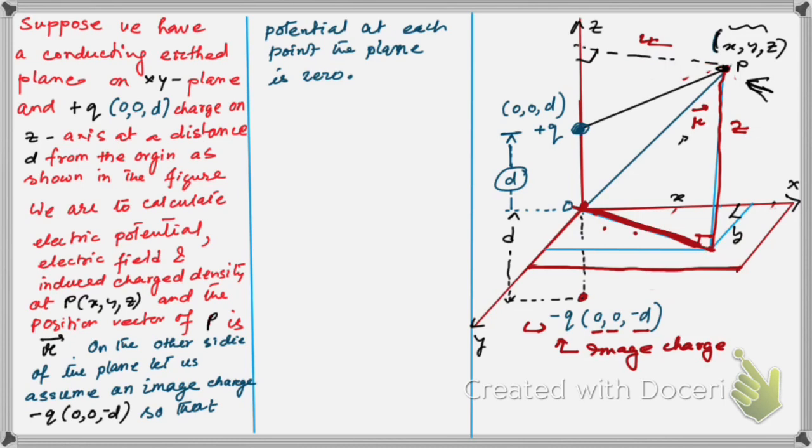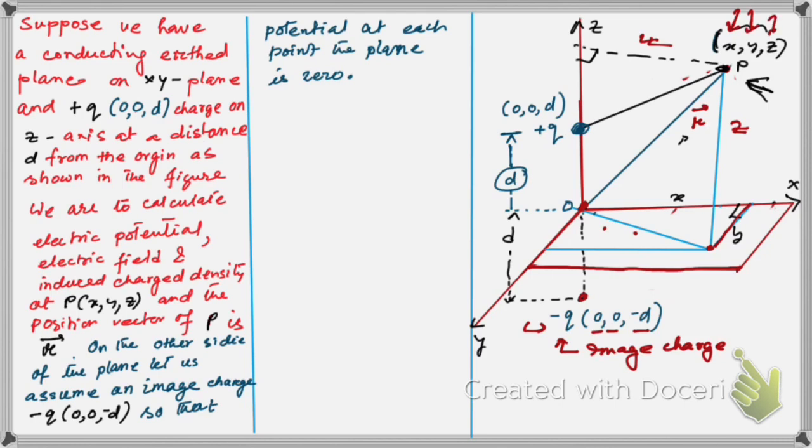So now let's find this distance, from the origin to the point at which the perpendicular from the point P is drawn. Now you see this point is y distance away from the x-axis, because the coordinate is x, y, z.